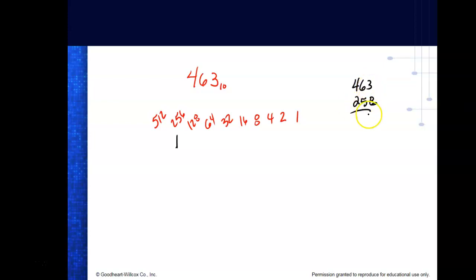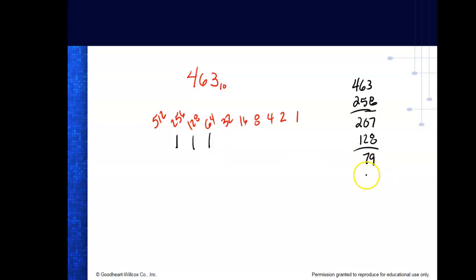So what's 463 minus 256? 207. Can I get a 128? Okay, so I'd put a 1 right there, and I'd subtract 128. And what do we come up with? 79. Can I subtract the 64 from 79?